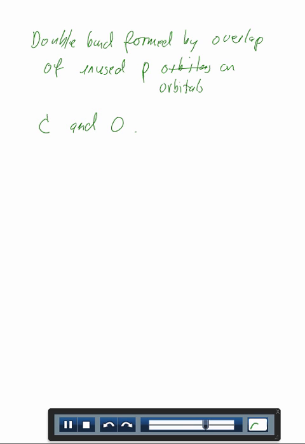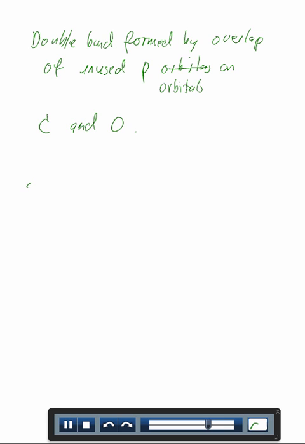Now we only used 1 p orbital on carbon to form the sp orbitals, so we have 2 left. We used 1 for bonding with the oxygen on the right. We can use the second for bonding with the oxygen on the left and its unused p orbital. So we have double bonds to both oxygen atoms from carbon.